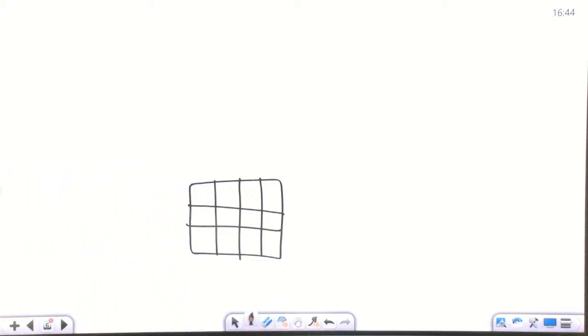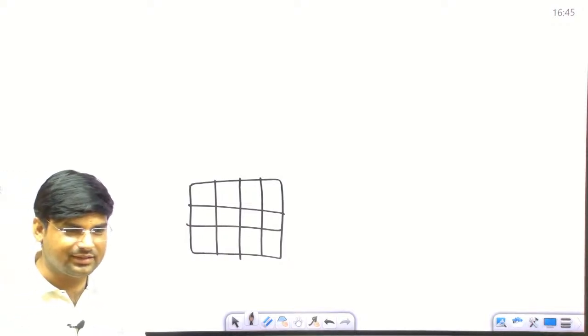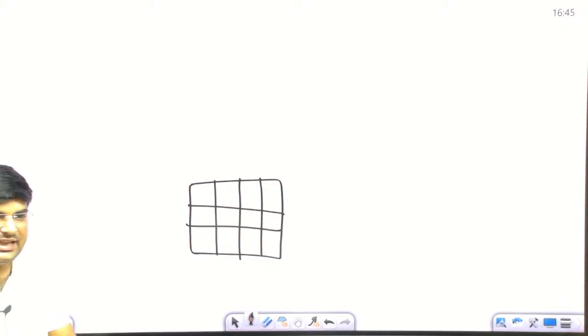How many squares in this figure? We have to multiply the largest number of the row into the largest number of the column. 20. Please say it happily.